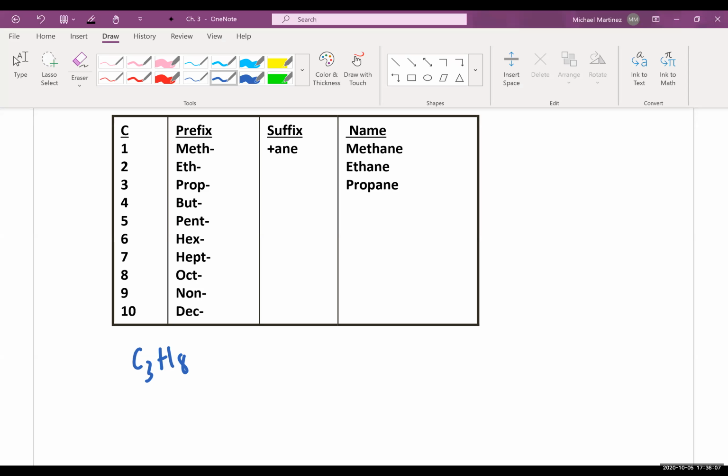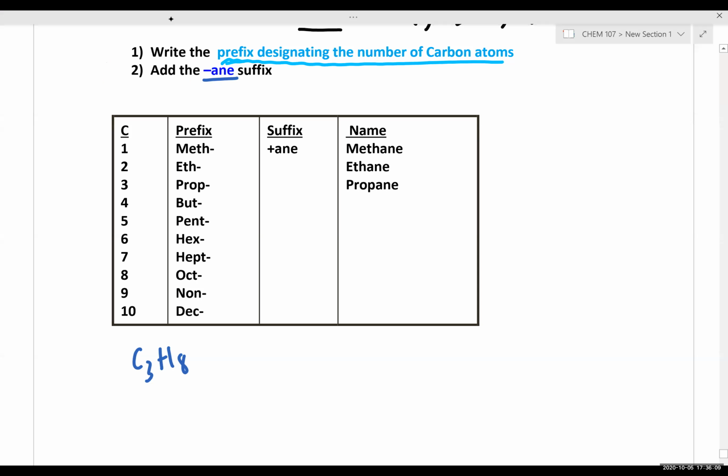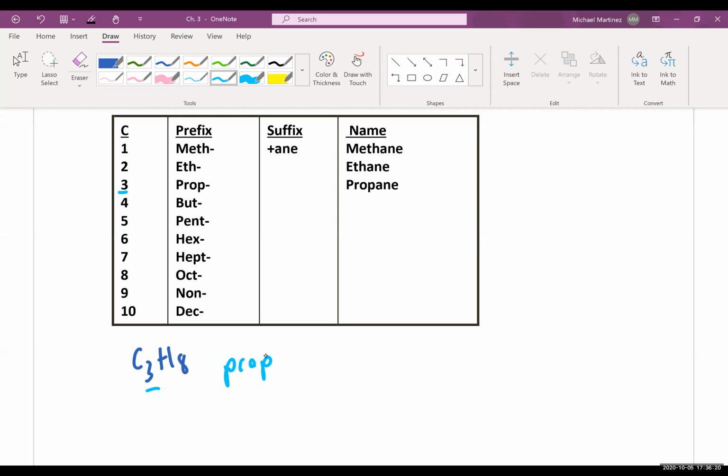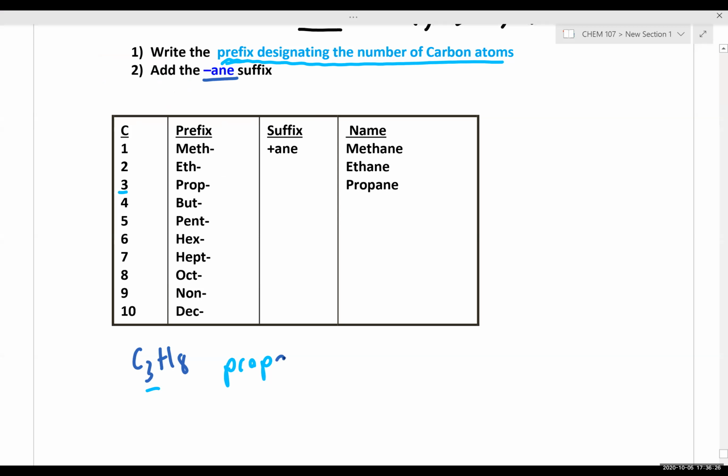We first count our number of carbons. We have 3, so we use the prefix prop. Then, since it's an alkane, all we have to do is add the ending ane. So the prop prefix turns into propane.